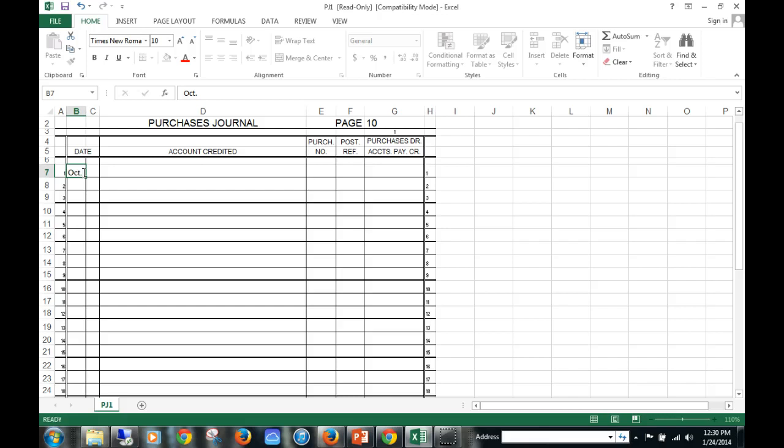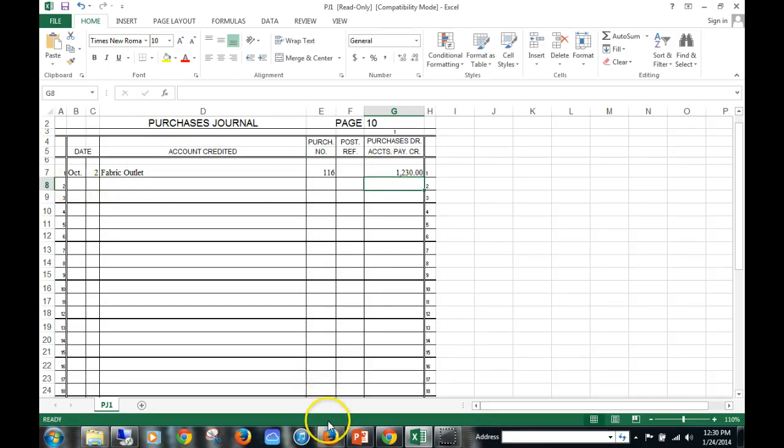October 2nd. Fabric Outlet. Purchase number is 116. The amount is $1,230.